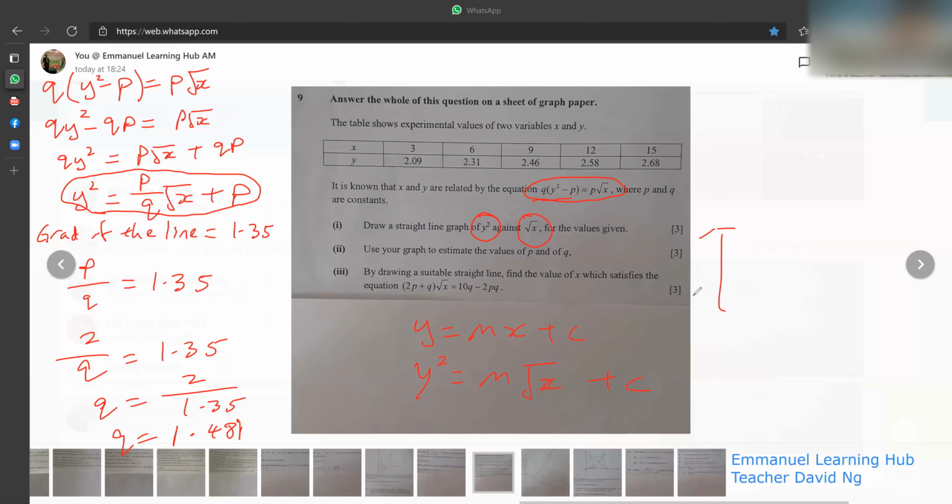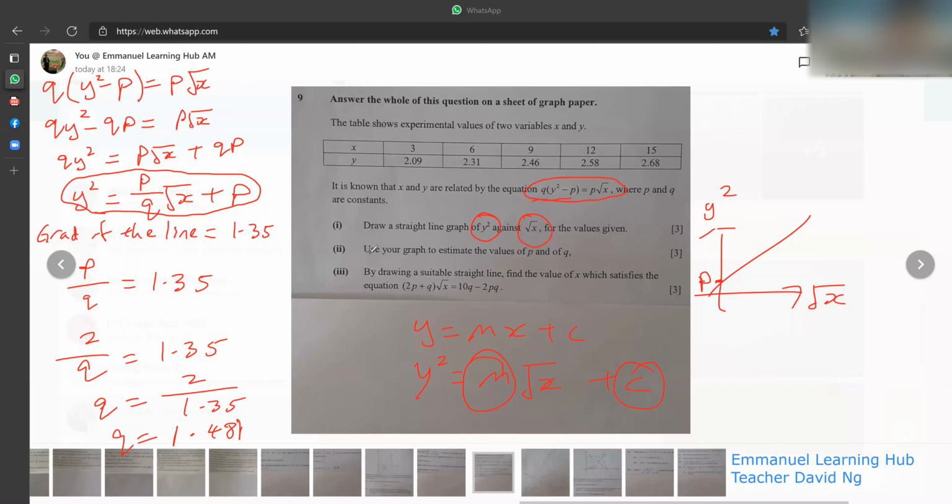That means the y-axis is y square and the x-axis is square root x. That's how you get a straight line. So you need to change this expression into this form. Then you can see your m is this guy here, and my y-intercept c is this guy here. That means this guy is p.